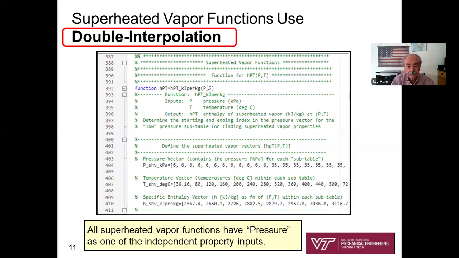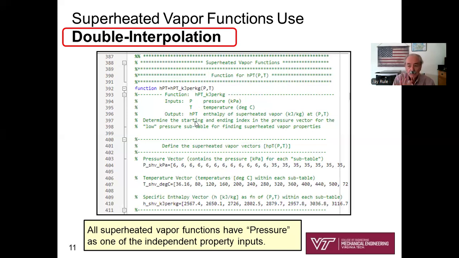So in this particular superheated vapor function, hPT, in other words, enthalpy as a function of pressure and temperature, the units of this function are kilojoules per kilogram. This is in the SI MATLAB file.